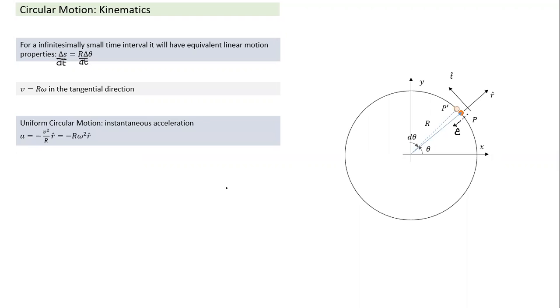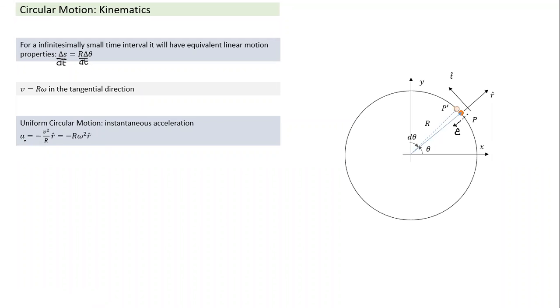So in case of uniform circular motion, again we differentiate. I will not go into the derivation, but what is the acceleration here? Even though the speed is not changing, the direction is changing, hence there's acceleration. That acceleration is called centripetal acceleration.